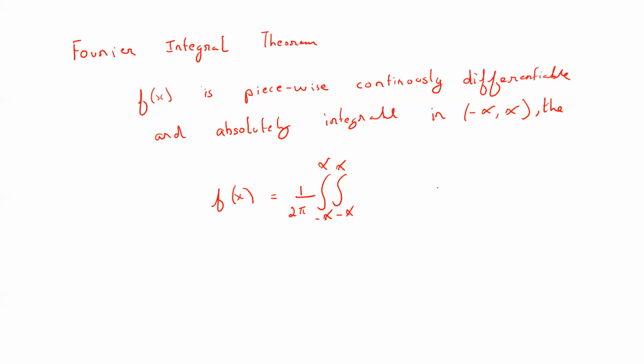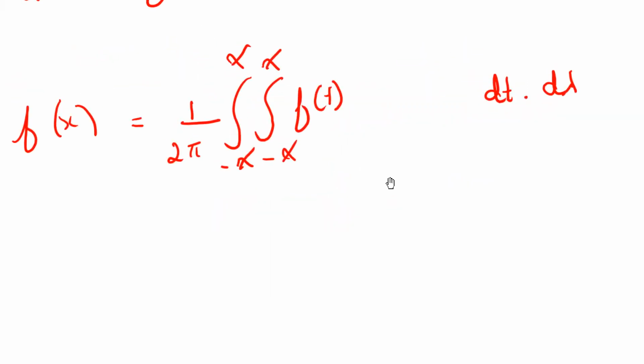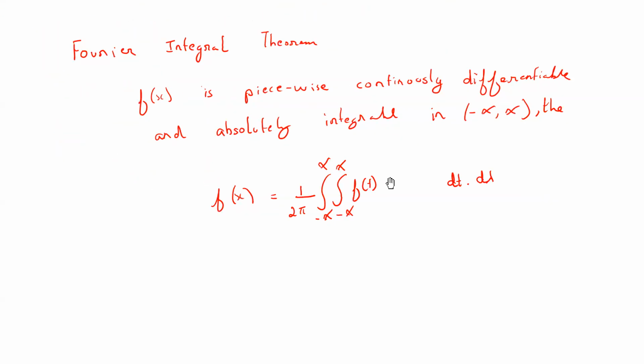The integral inside is on dt, and the integration outside is on d lambda. So f of t cos lambda t minus x. This is the Fourier integral.